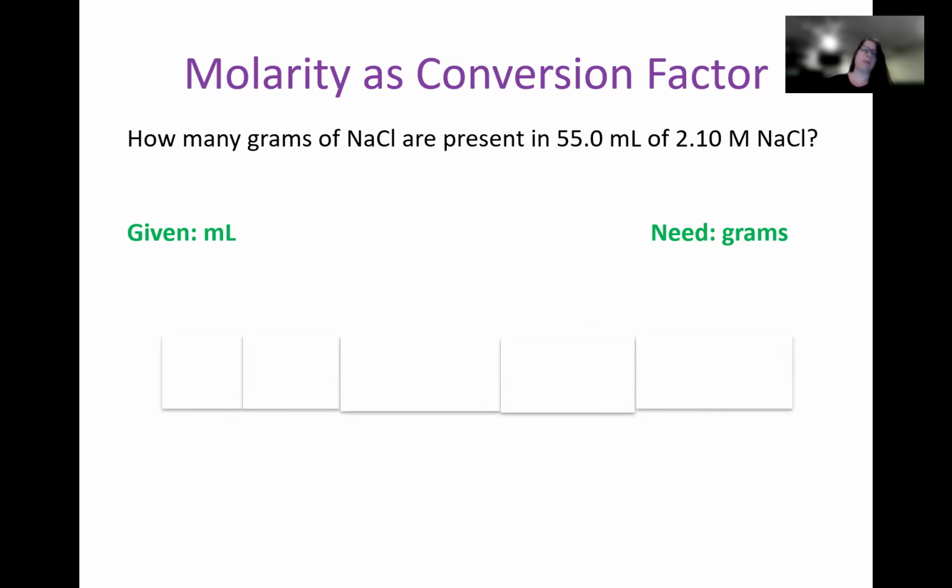In this next problem, I'm also going to use molarity as a conversion factor, but we're going to take it one more step. So this question says, how many grams of sodium chloride are present in 55 milliliters of a 2.10 molar solution of sodium chloride?